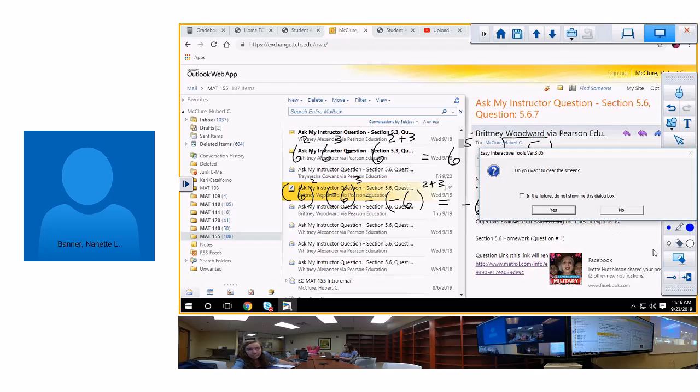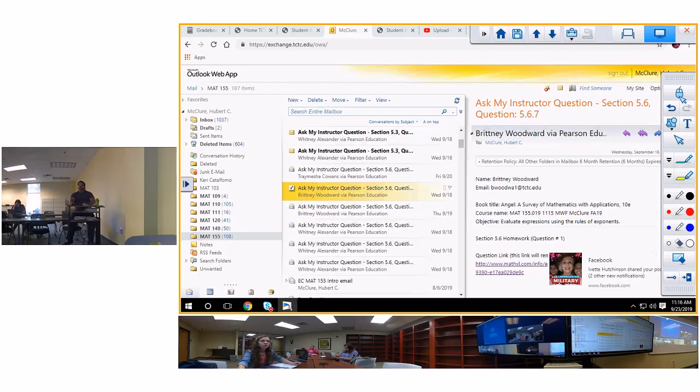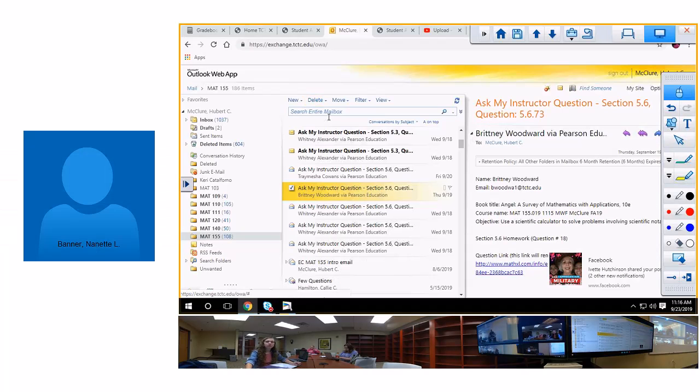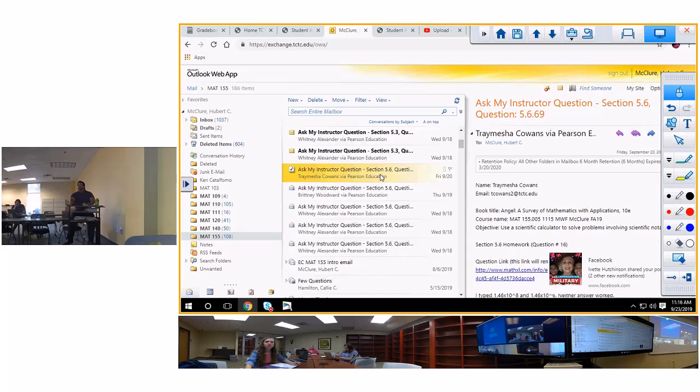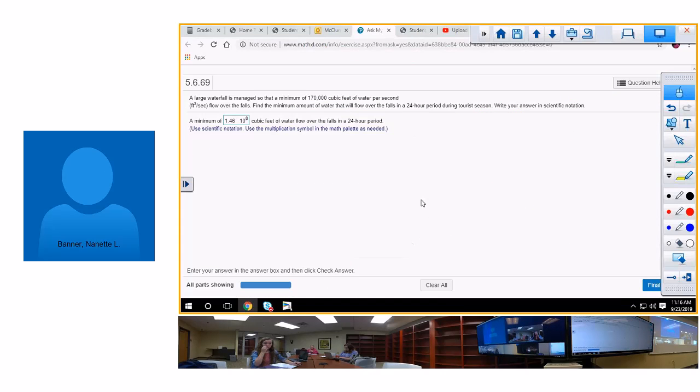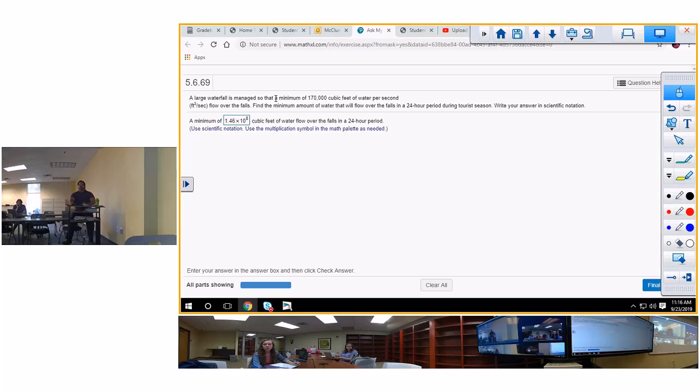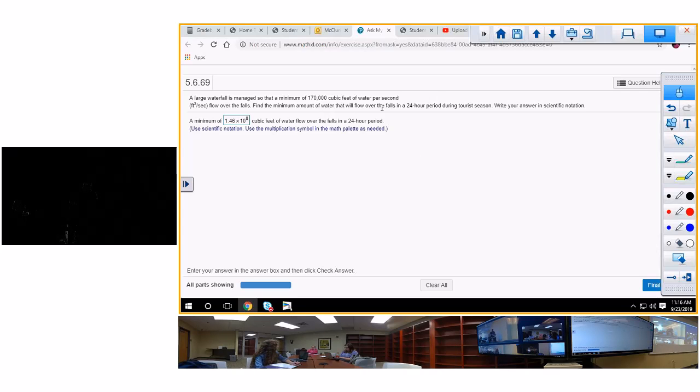Okay, next. Let me delete that one so I can get rid of them as we go. The next one is number 16. A large waterfall is managed so that a minimum of 170,000 cubic feet of water per second.